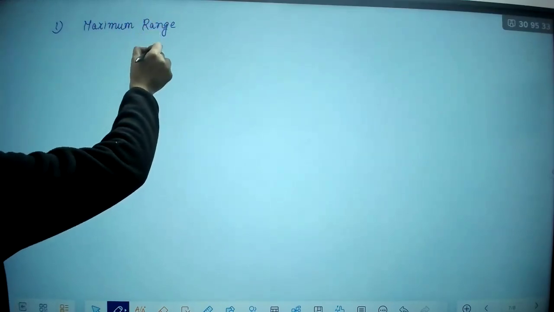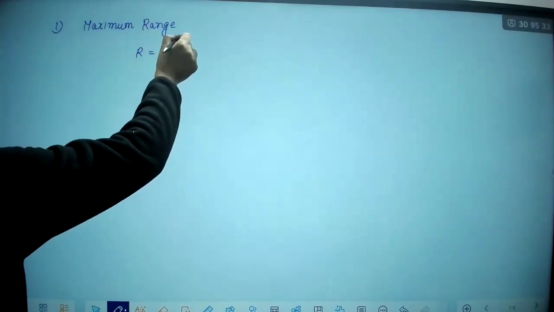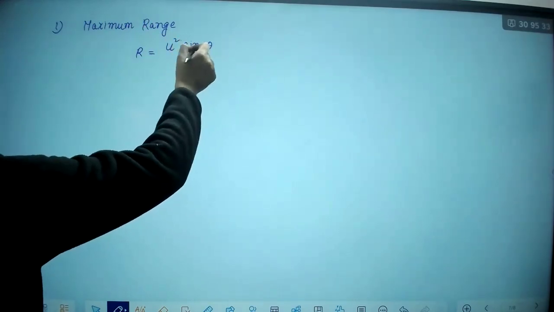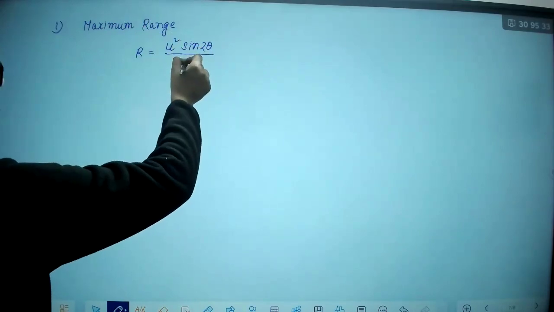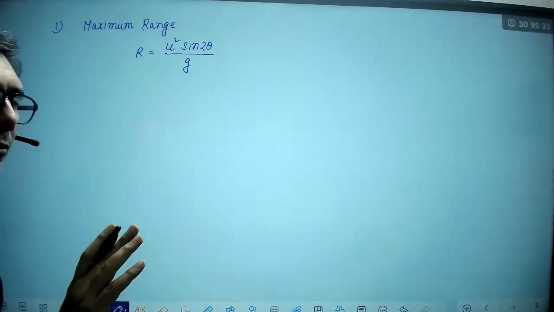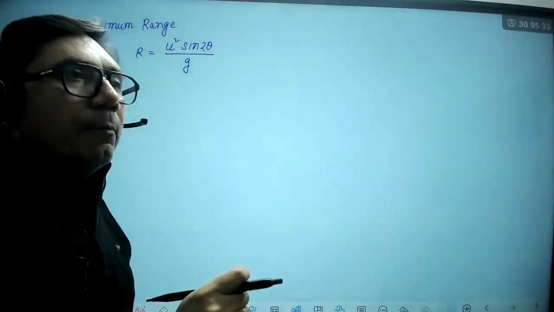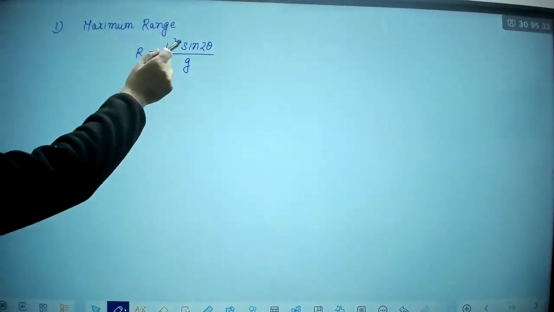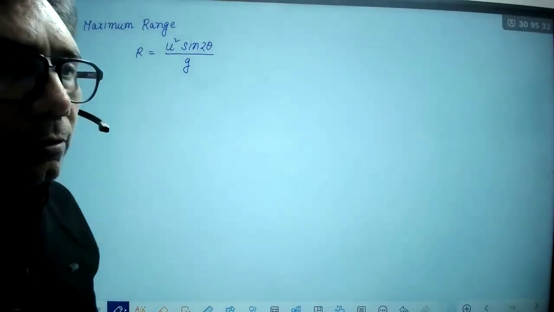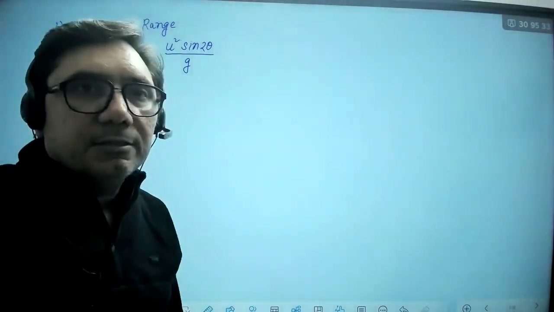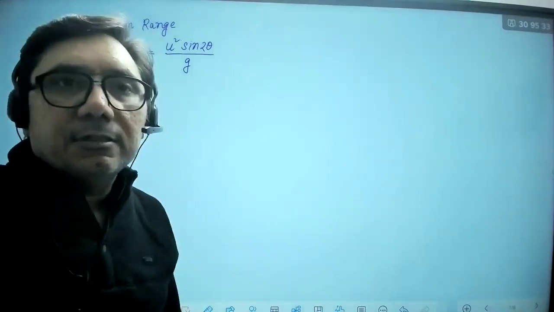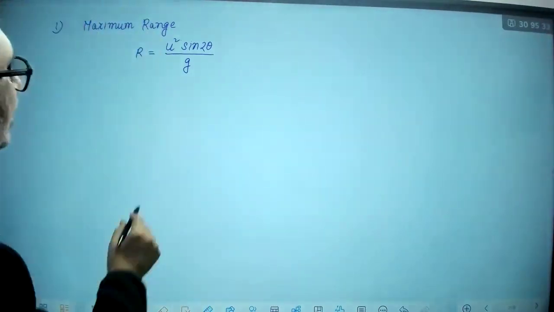Range is u square sine 2 theta upon g. I am not going to change u, and I want maximum range. U should not change, meaning the magnitude of the velocity should not change, but the range should be maximum.